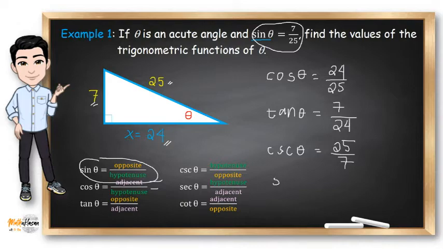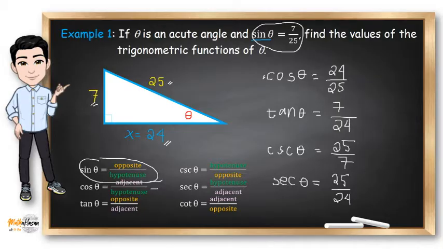While the value of secant theta is just equal to hypotenuse over adjacent. Pero may shortcut ulit dyan. Kung alam niyo yung value ng cosine dito, okay, pagbaliktaran nyo lang yung numerator and denominator, you'll get 25 over 24. Kaya nga kahit SOH-CAH-TOA lang yung tandaan ninyo, makukuha nyo lahat ng remaining trigonometric functions.